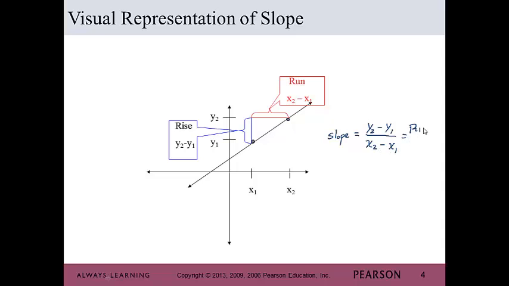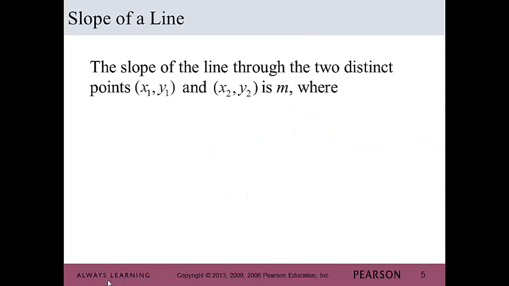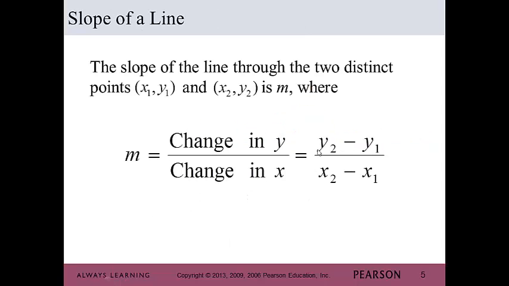That's your rise over your run. You can remember this order because it's in alphabetical order. Rise comes before run. Therefore, rise is on top and run is on the bottom. And again, they give us the formula. Slope is y2 minus y1 divided by x2 minus x1.